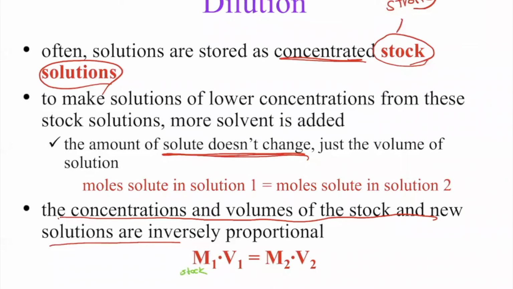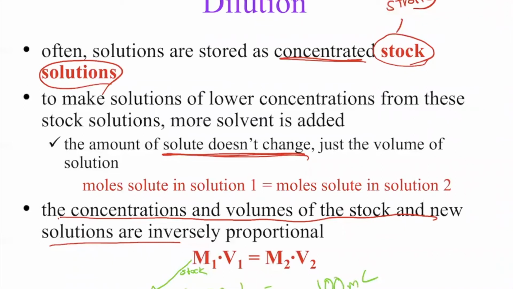So for example, if you went to get coffee and let's say your concentration of your coffee was 10 M and you had 50 milliliters and you think it's too strong. So what you want to do is add water to double your volume, so now it's going to be 100 milliliters.